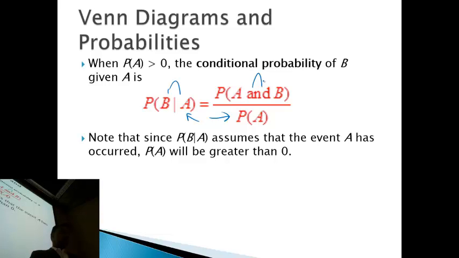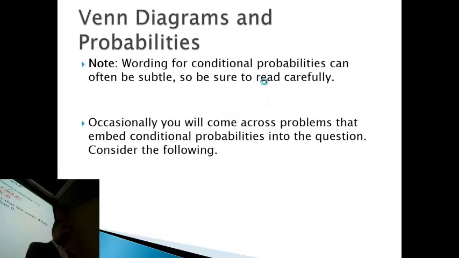Let's see here. Watch out for the wording for conditional probabilities. So things like, calculate the probability that a selected female is right-handed is different than asking calculate the probability that a selected right-handed person is female.